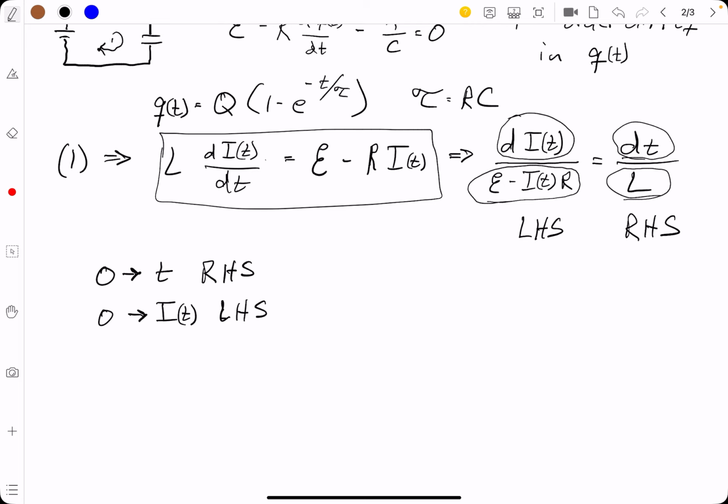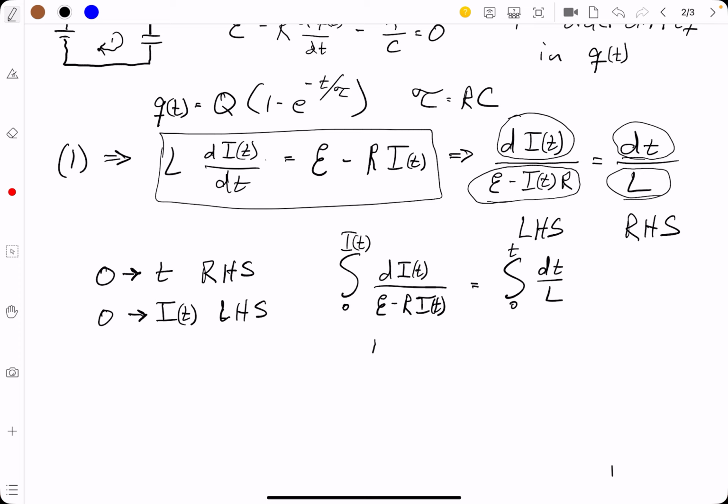I'm going to integrate from 0 to I of t di of t over EMF minus R I of t, and that equals our other side. We're going to integrate 0 to t dt over L.